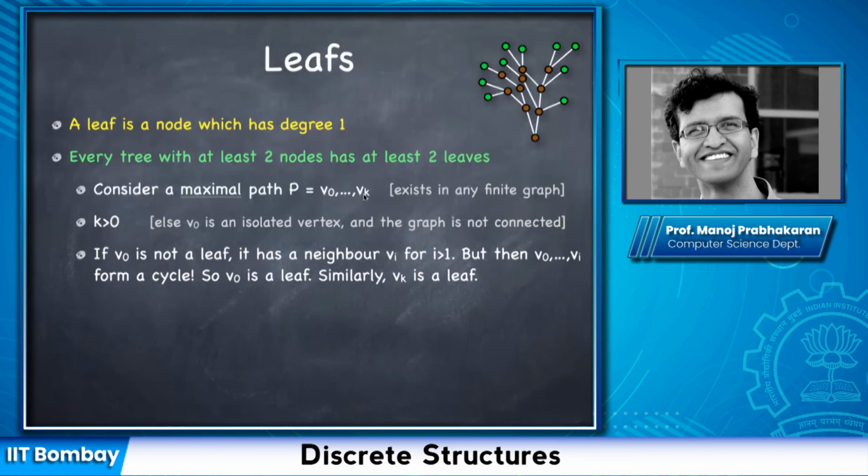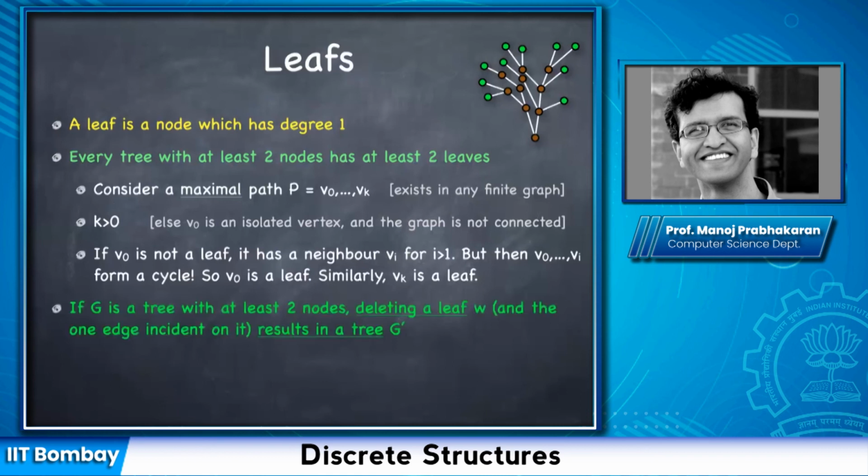Of course, if it's not a tree, then these need not be leaves. There could be cycles. All right. It's a simple fact, but it's going to be very useful, especially combined with the next property. The next property says that you give me a tree with at least two nodes.